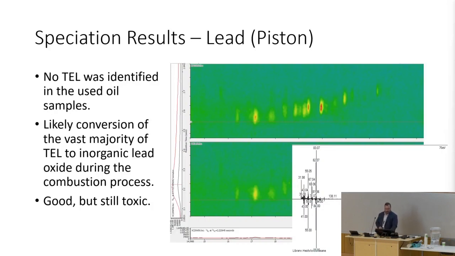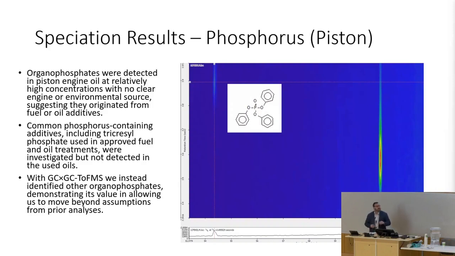It's better. In terms of the phosphorus in our piston oil samples, when we looked, we thought that we would see TCP. Okay, so I don't know if it's just me or maybe it's a personal bias or something, but when you work in aviation for a while and you're working with the lubrication, everything is tricresyl phosphate.